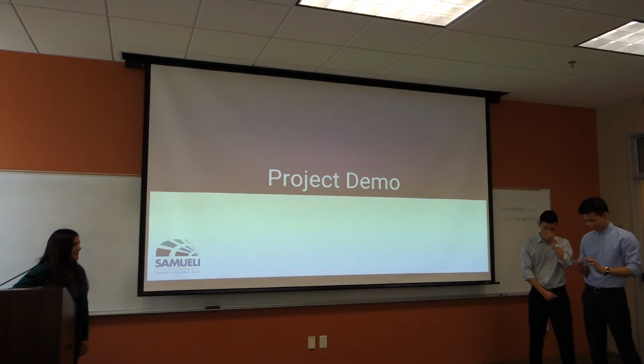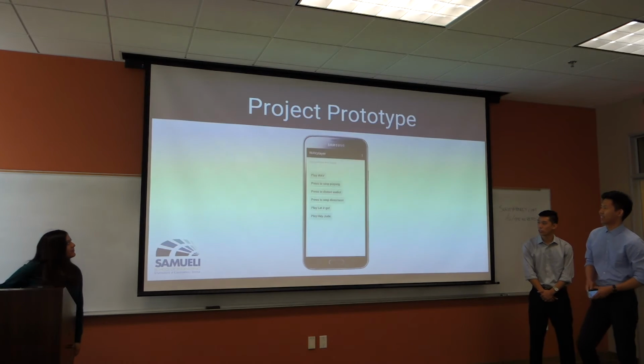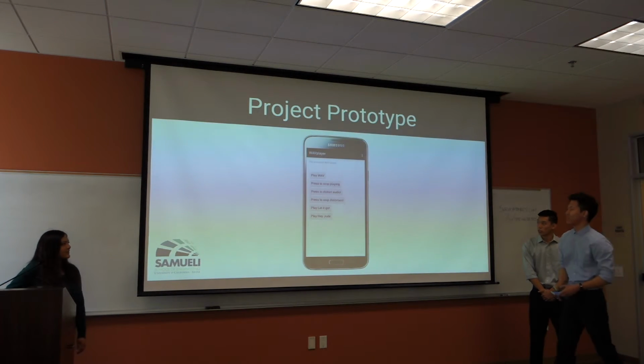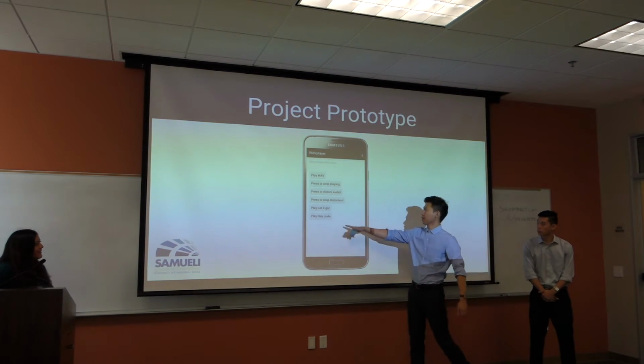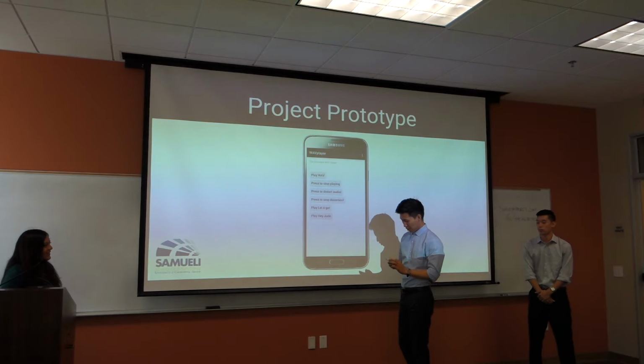I'm going to play Hey Jude. Can you go back to the UI page? I pressed this button right now, and I'm going to press play. Oops, wrong button. Just kidding.